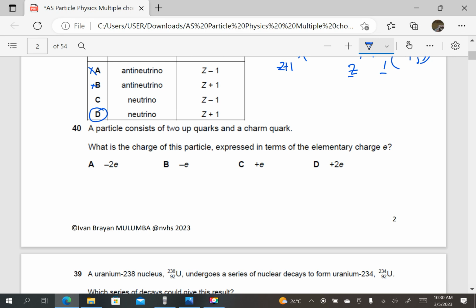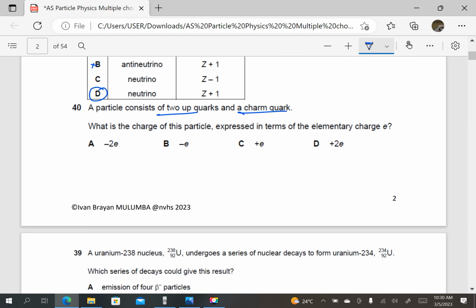A particle consists of two up quarks and a charm. What is the charge of this particle expressed in terms of the elementary charge? An up quark has charge positive 2 over 3e. A charm also has the same charge, positive 2 over 3e, but there are 2 up quarks.